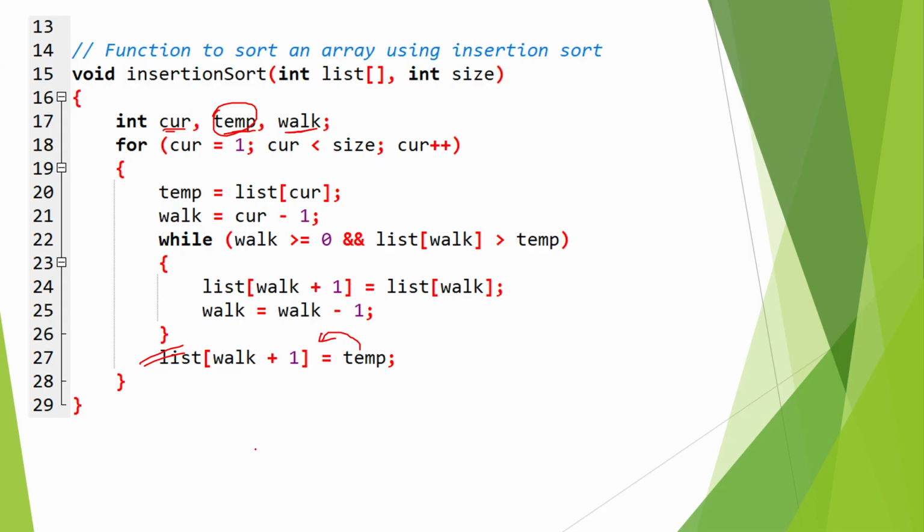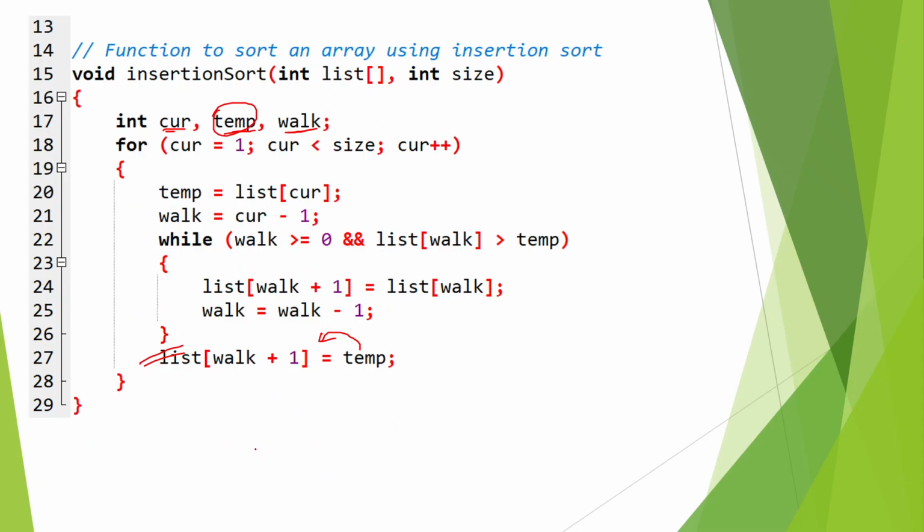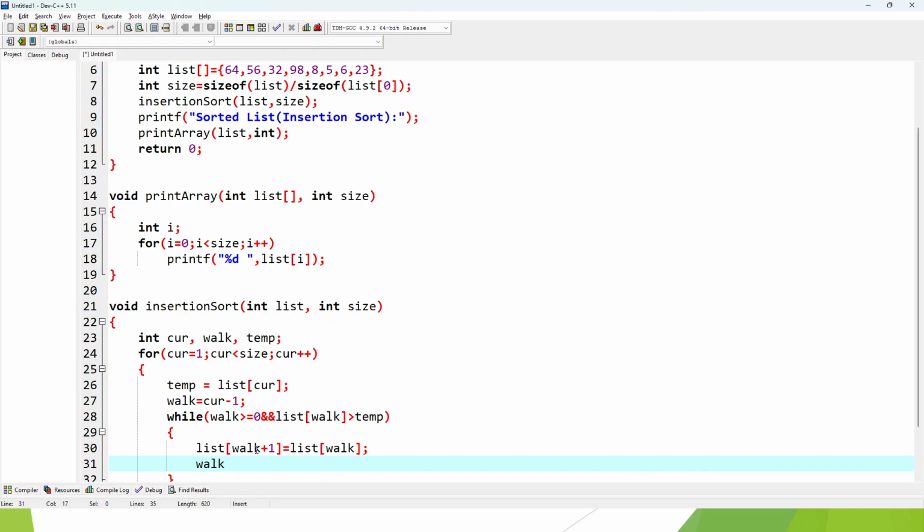Come down and then list of walk plus 1 equals list of walk. Then walk equals walk minus 1.